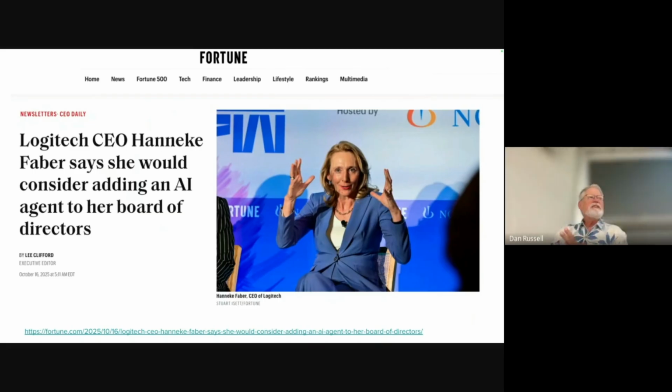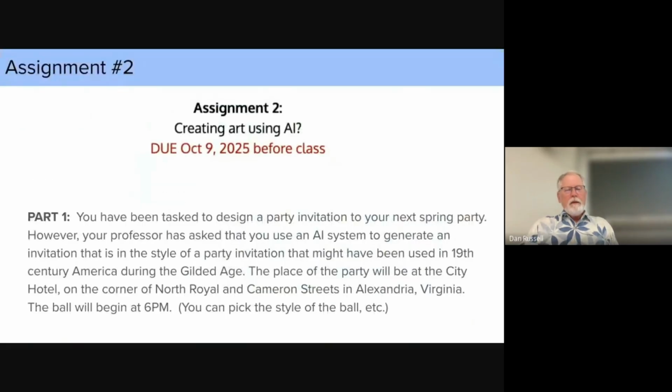So what she's trying to get to, I think, is to have a participant on the board which knows everything and can be asked questions at any time. The reason you have a board of directors is to have diverse and deep expertise. So a board of directors for Logitech might have a director who knows physical hardware systems in very deep detail. That's, I think, what she means. We want another participant on the board who has deep knowledge and is trained up on all of the stuff that's going on.